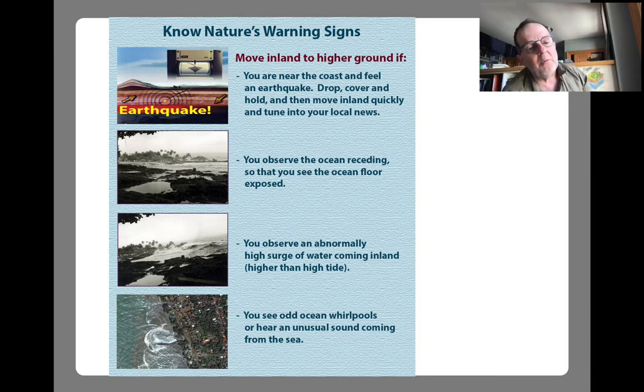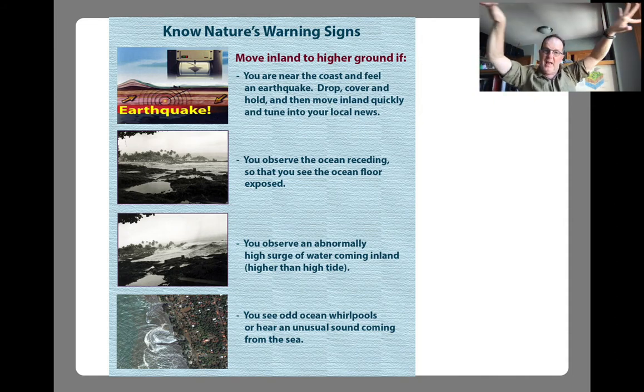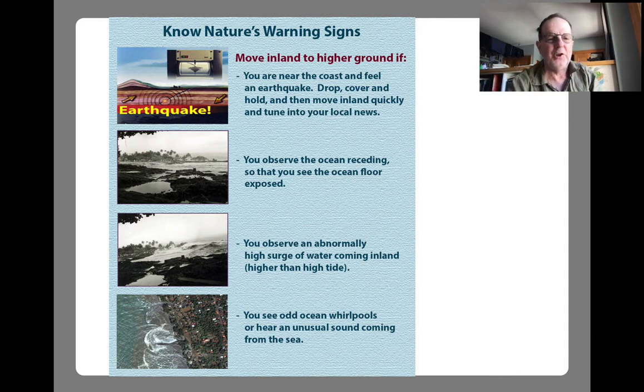But typically, what we best understand about tsunamis, or the most frequent type of tsunami, would be caused by the displacement of crust on the bottom of the ocean. So a fault, there's a slipping along a fault at the bottom of the ocean, and water is suddenly displaced in such a way that it creates an upwelling that pushes the ocean surface at the site of the quake up higher, and then gravity pushes that upwelling sideways and creates this rapid, super fast release of energy through the ocean.